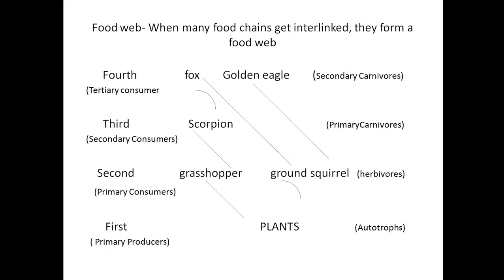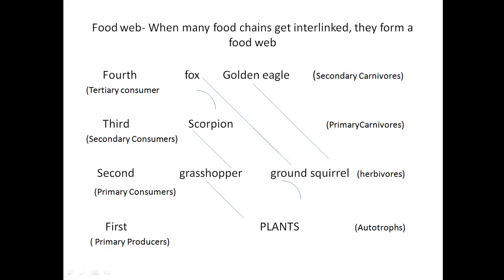Let's go further. Another definition is food web. Now, what is food web? When many food chains get interlinked, they form a food web. So you have to learn the definition of food web by heart.